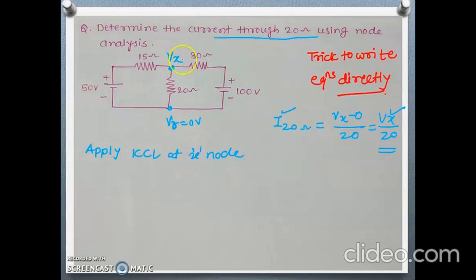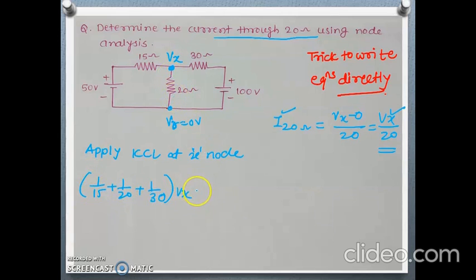See what branches are connecting this node Vx. This is 20 ohm, 15 ohm and 30 ohm. So write directly 1 upon 15 plus 1 upon 20 plus 1 upon 30, into Vx. Directly we can write the resistive branches which are connected to that node like this.